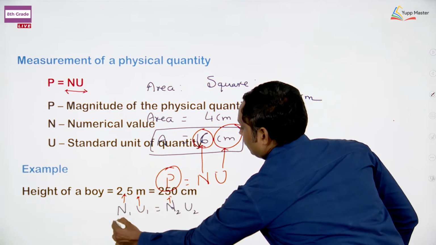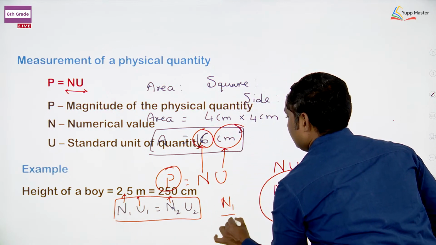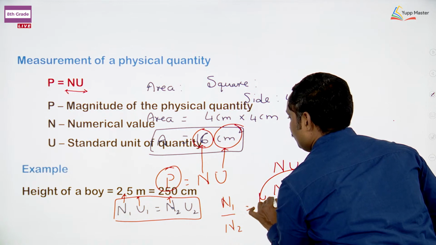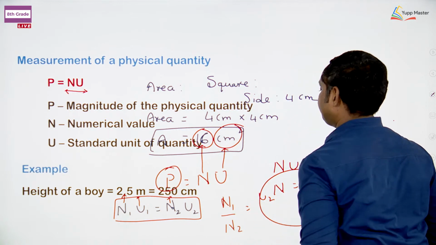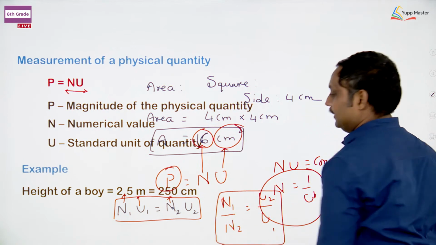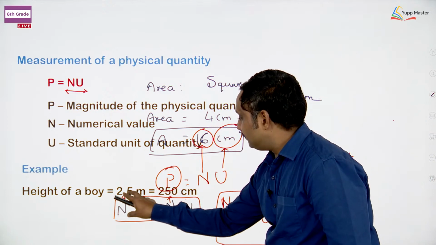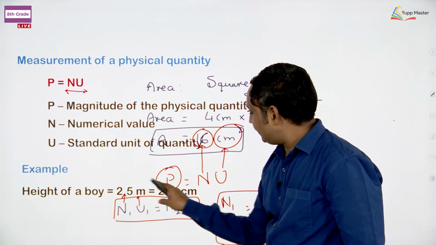That is what you express: N1 by N2 is equal to U2 by U1. Very clear. So you came to know about 2.5 and 250.